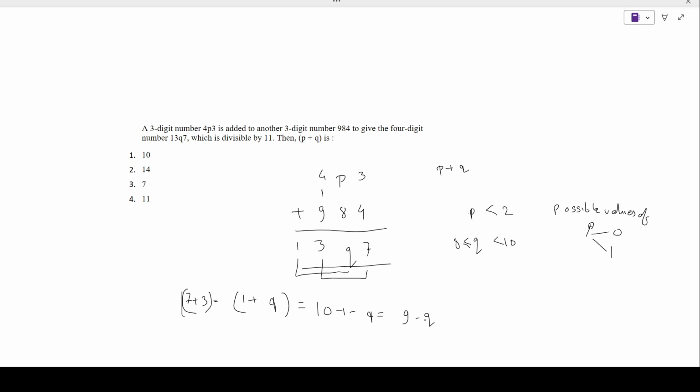So the condition for 9 minus q to be divisible by 11 is that it is either divisible by 11 or equal to 0. So from here we get q is equal to 9.